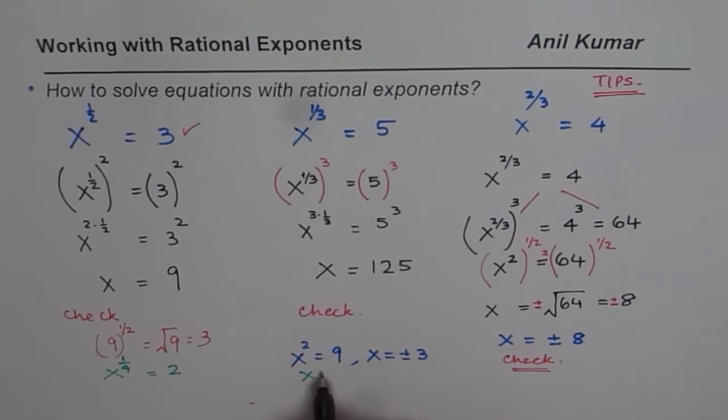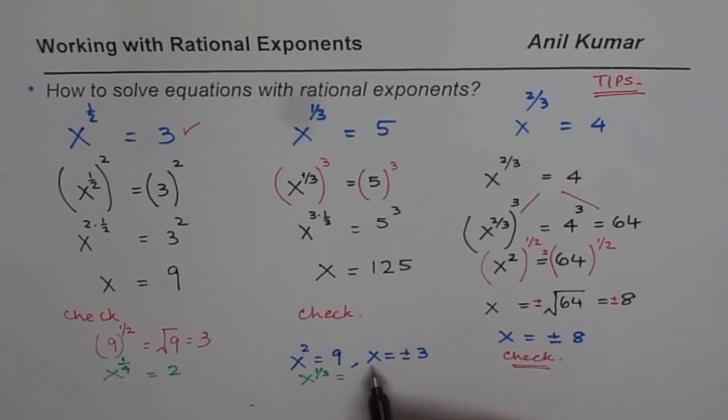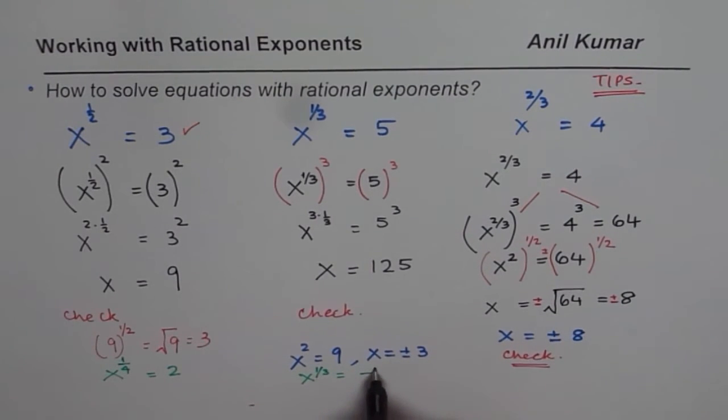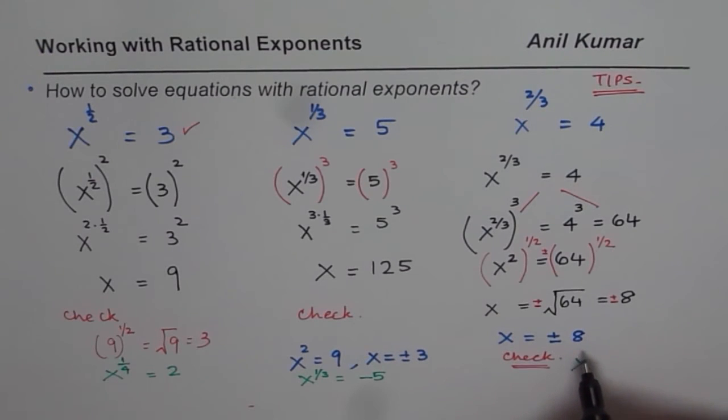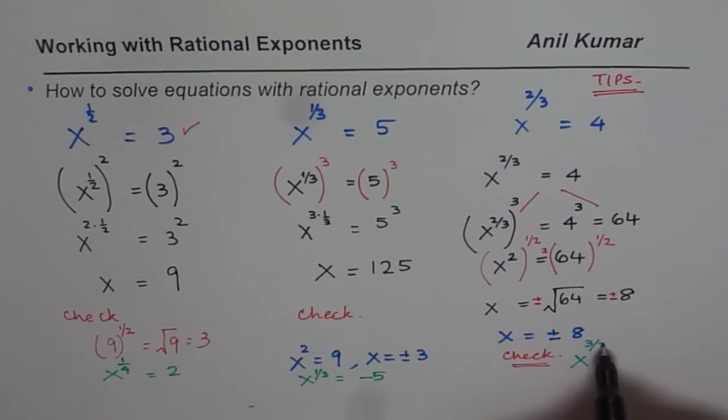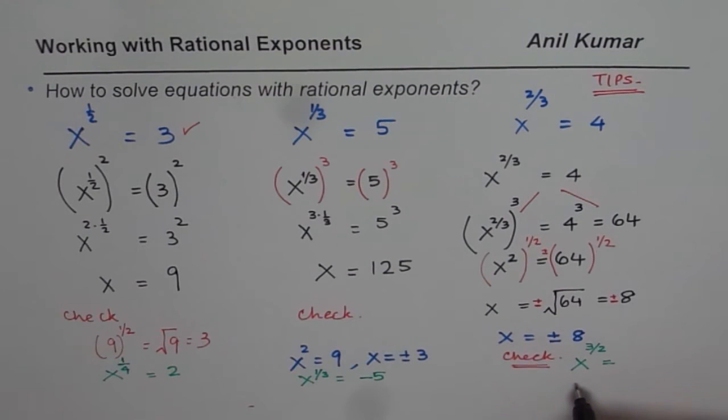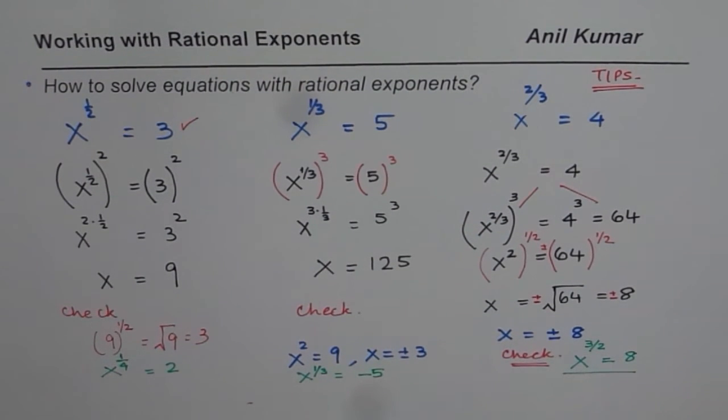Then we'll have x to the power of 1 over 3 equals, let us say, minus 5. Try it out, right? And the last one which I'm going to give you is x to the power of, instead of 2 over 3, I'm writing 3 over 2, and let me take the right side as 8. So find the answer for this. These are your practice questions. I'd like you to go through them and try to explore and see how to find them. And then look into my videos for similar questions.